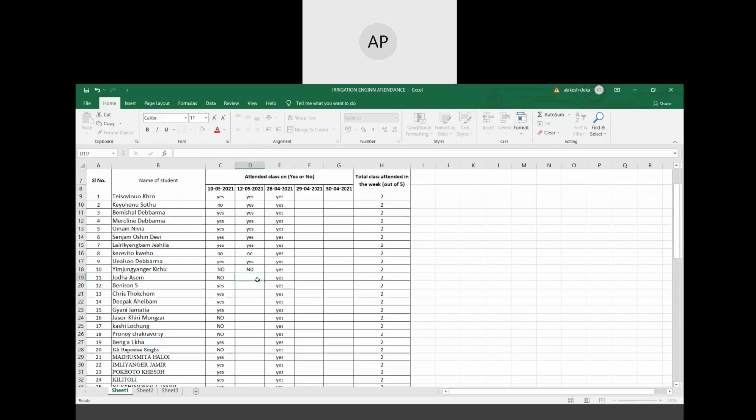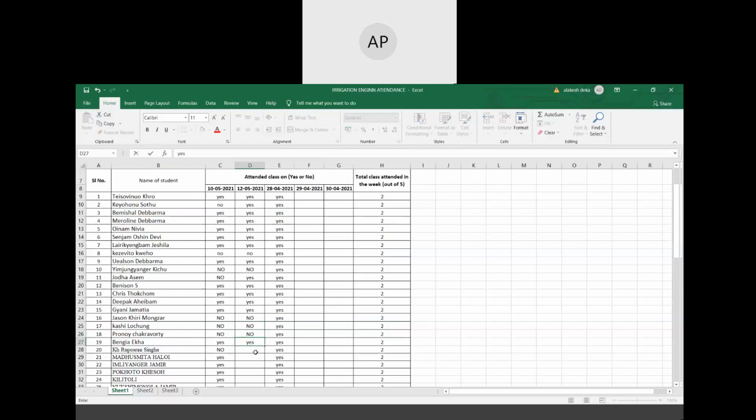Jodha, present. Benishan, yes, ma'am. Trice, yes, ma'am. Deepak, yes, ma'am. Gyani, present, ma'am. Pranay Chakraborty, Kashi, Bengia, present, ma'am.